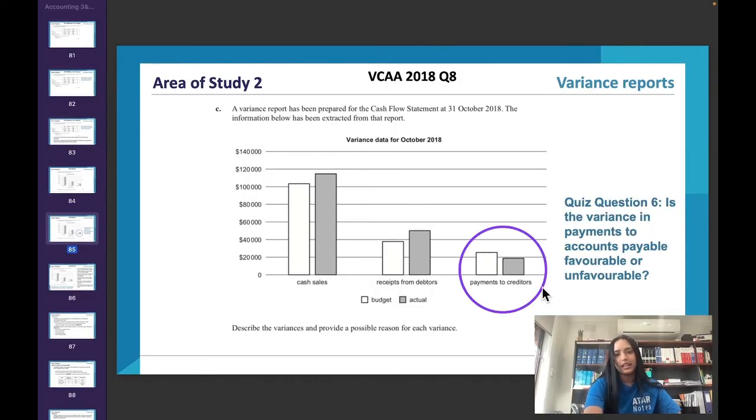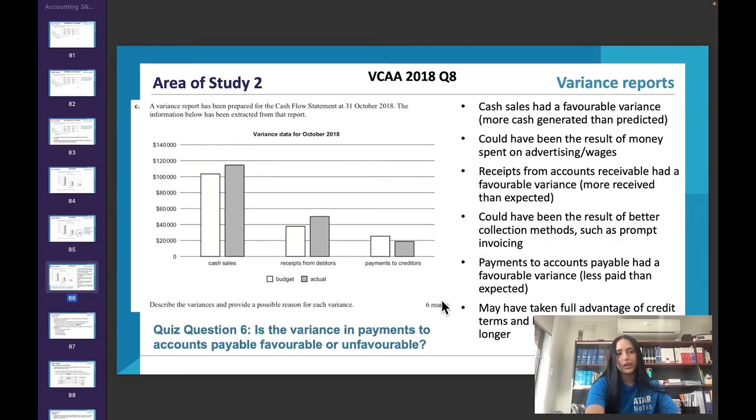Okay, so thinking about this variance in payments to accounts payable, is this favorable or unfavorable? So the budgeted was more than the actual payments. So financially speaking, it was a favorable variance because it was more cash generated than what was predicted.